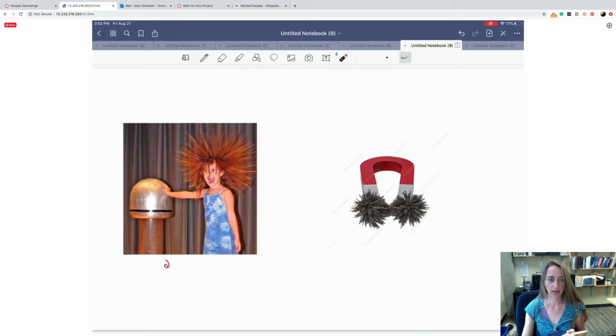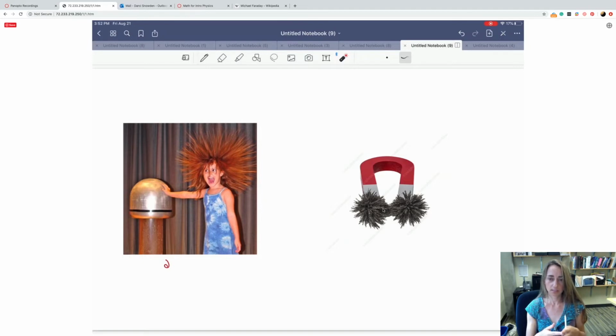What this girl's hair is doing is very similar to how we might draw the vector force field around this charged object. And same thing here with the iron filings. They're basically tracing out what we would draw on a piece of paper to describe what a magnetic field looked like. So these kinds of experiments, the iron filings and Van de Graaff type generators, were not uncommon during Faraday's day.